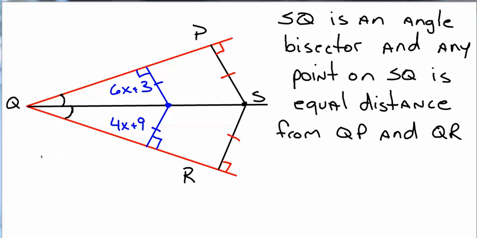And how would you solve for x? 6x plus 3 equals 4x. And how would you solve for x, Kylie? Right here, subtract 4x from each side. Good.